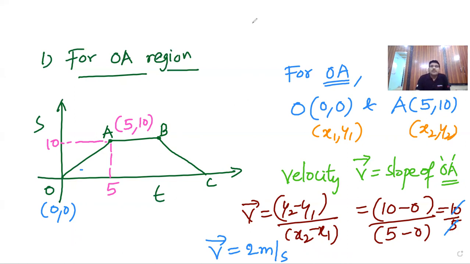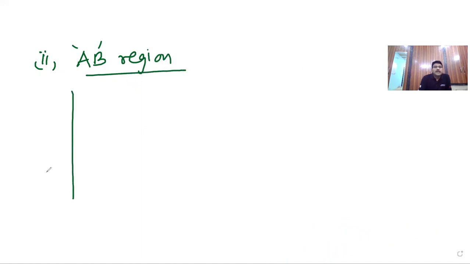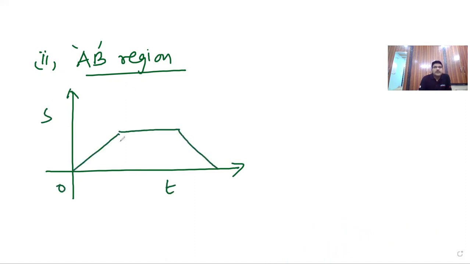Understand? Now, let us take up the second, the AB region. We can attack directly for this displacement time graph. This is the graph. So this is A, this is B, this is C. So coordinates: this is 5, this is 10, this is again 15.